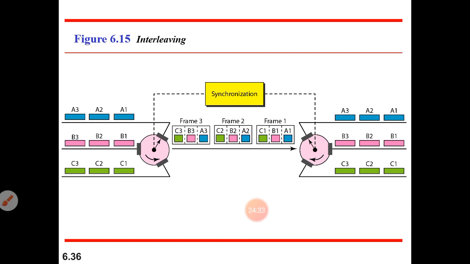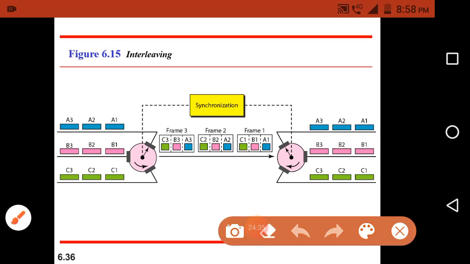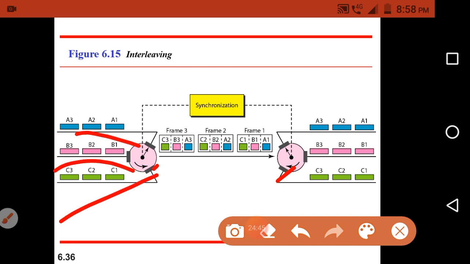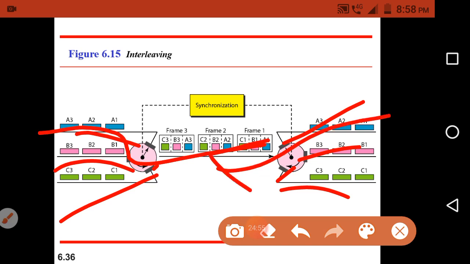What is interleaving? There are two switches, each rotating at the same speed. Same speed means every t seconds it will open to each connection. At that time each connection has the opportunity to send data over the link, and at the same time each connection has the opportunity to receive the data unit.